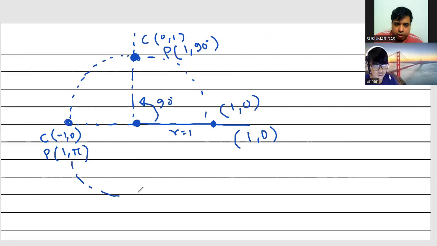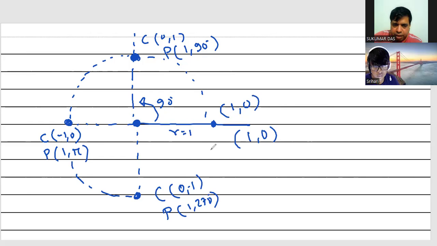Now at this next point, Cartesian would be 0 comma -1, and polar would be 1 and 270 degrees. Very good.